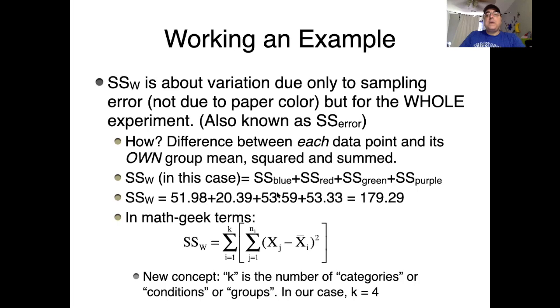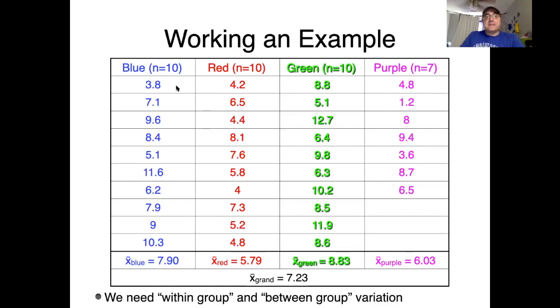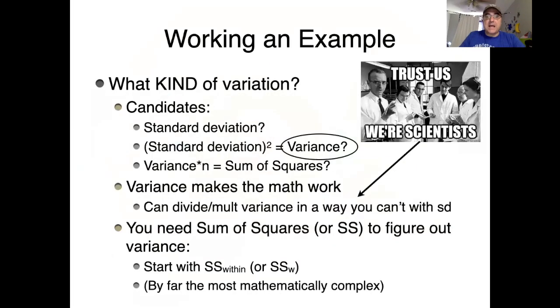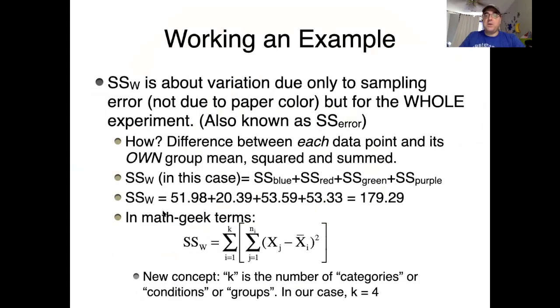So what we get when we take each member of the blue group, let me go back here, that is to say like 3.8 minus 7.9 squared, added to 7.1 minus 7.9 squared, plus 9.6 minus 7.9 squared. If you do that all 10 times and add them up, you get 51.98.